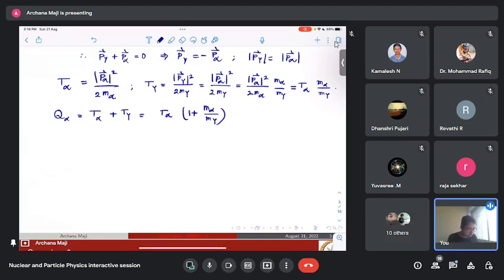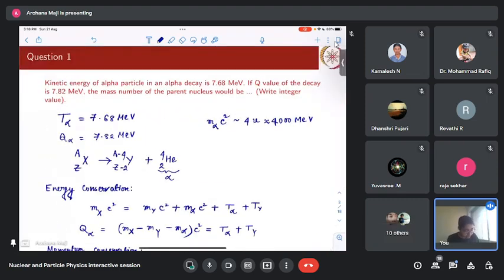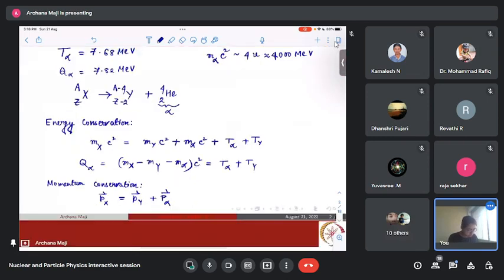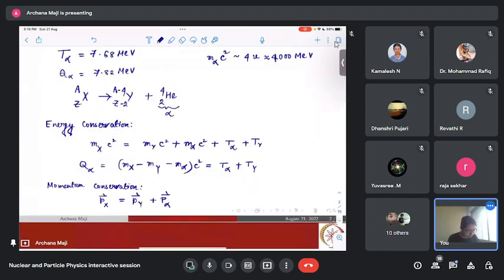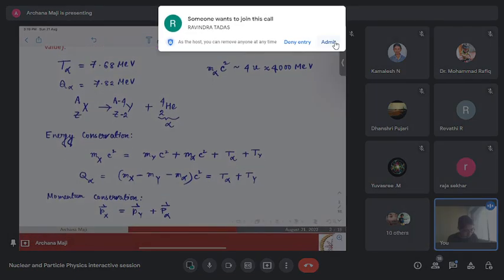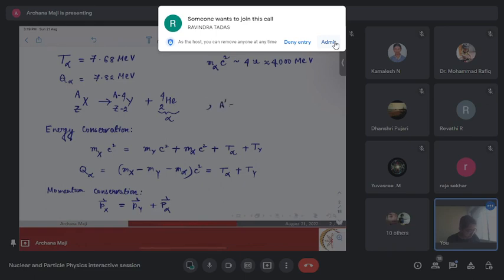We have to find out the mass number of the parent nucleus. From here, Q alpha over T alpha is 1 plus m alpha divided by m_Y. Let's say A prime is equal to A minus 4.